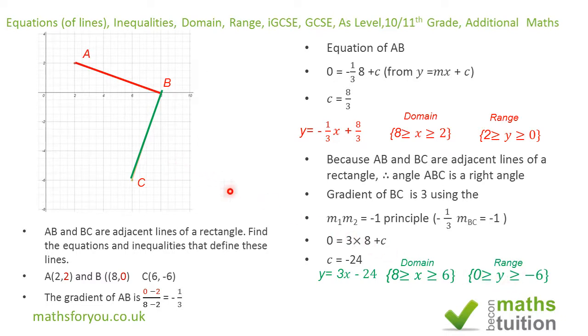So y is going to be greater than -6, going up that way, and less than or equal to 0, going down this way. Now, if you left it at that, your line would go beyond B and beyond C. Now, this will add restrictions to the length of the line itself.